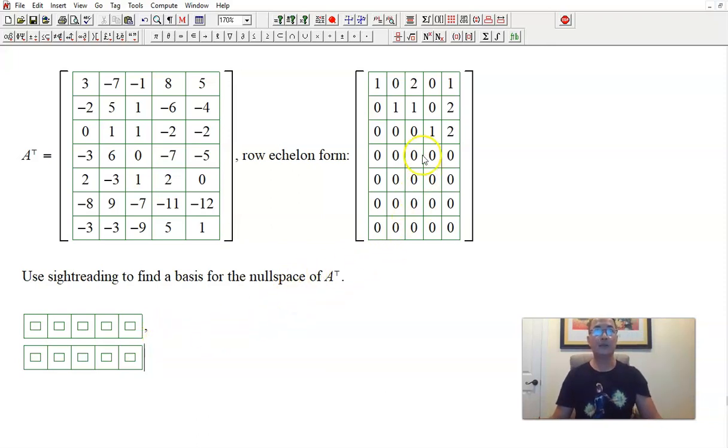Okay, so free variables, column 3 and column 5. So you put the 1 at column 3, 1 at column 5. So to the right of the trailing ones, you will have zeros. Nothing to the right there. But below the trailing one, you should also have a 0.